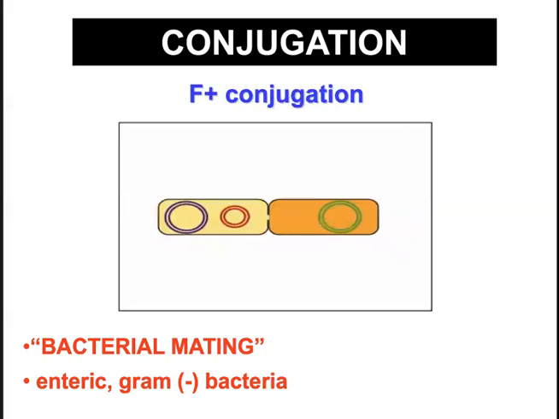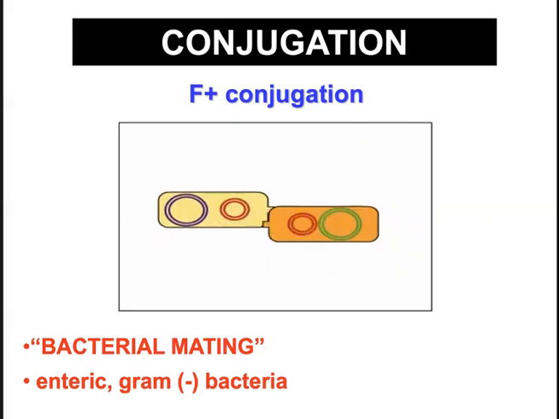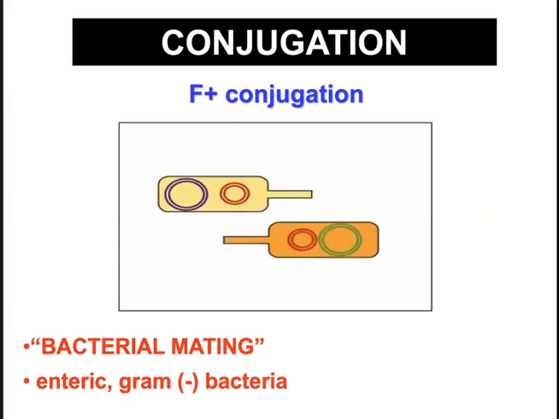Once a strand of the plasmid is transferred, it is automatically copied, allowing both to become F positive, and they are now both able to produce the sex pilus.